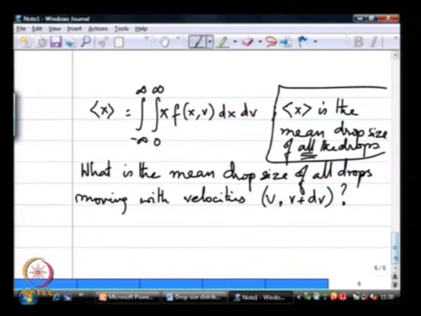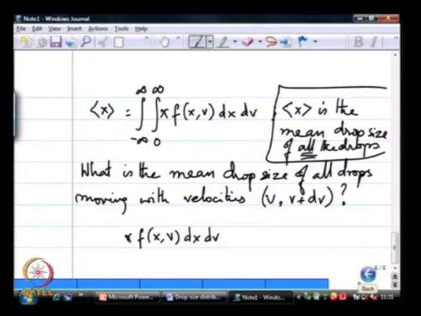if I ask myself this question, then x f of x comma v is, first of all, f of x comma v dx dv is the probability of finding a drop in the size x to x plus dx.